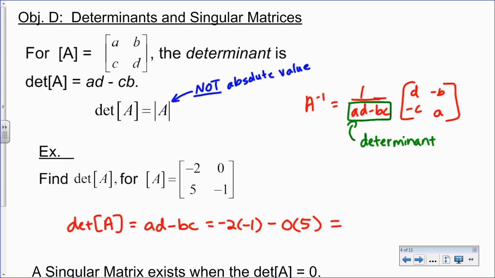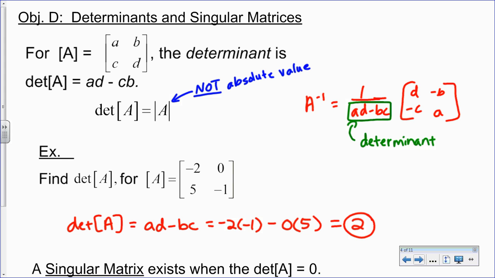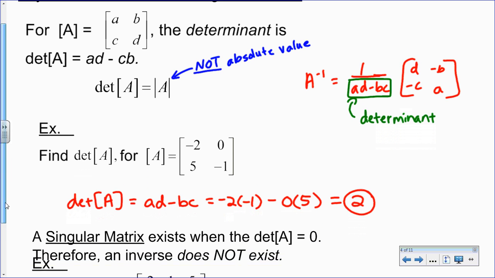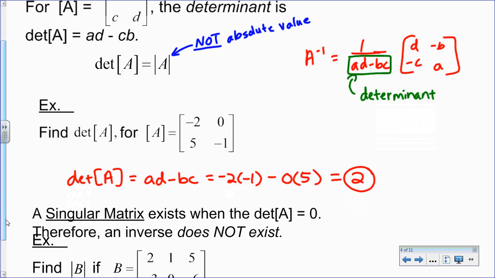That is 2. So determinants are numbers, real numbers. You're just going to get a single number when you're finding the determinant. So a singular matrix occurs when the determinant is 0, because remember, you can't divide by 0. That means there is not an inverse.